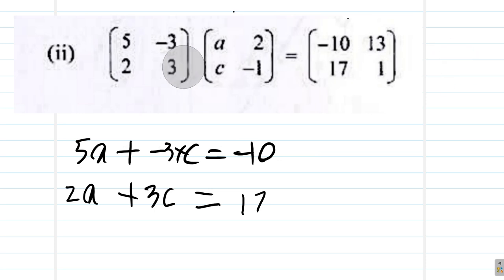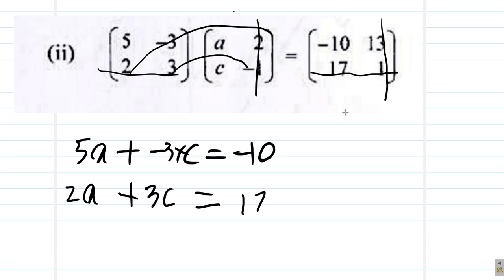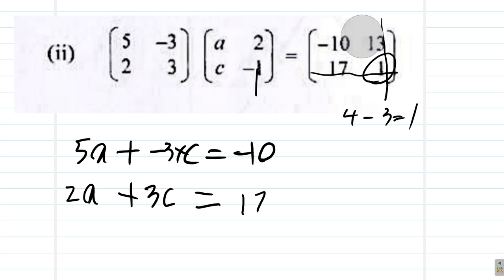And let me just check here. The 1 is in row 2, column 2. Row 2 by column 2 would be 2 by 2 plus 3 by negative 1. 2 2's is 4 minus 3 is 1. Good. So that part is okay, even though you wouldn't really need that part.